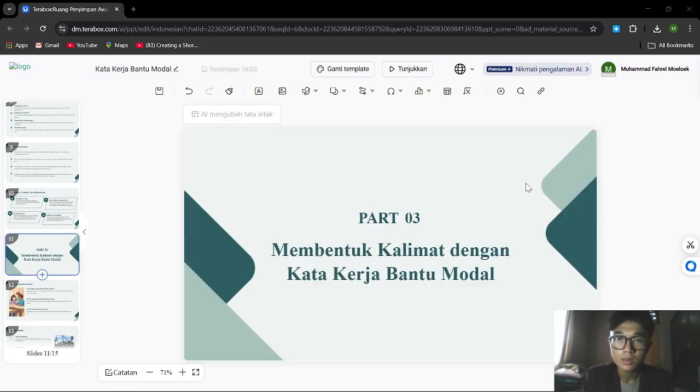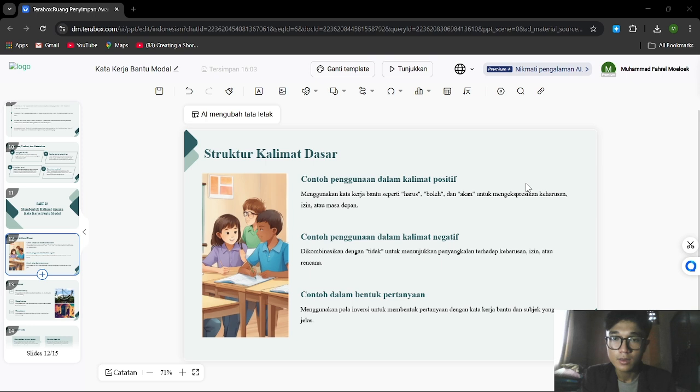Okay, now that we know what modal verbs are and what they mean, let's move on to how to actually build sentences with them in everyday English. Building a sentence with a modal verb is quite simple.